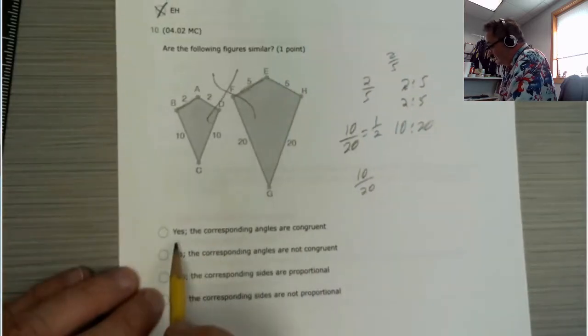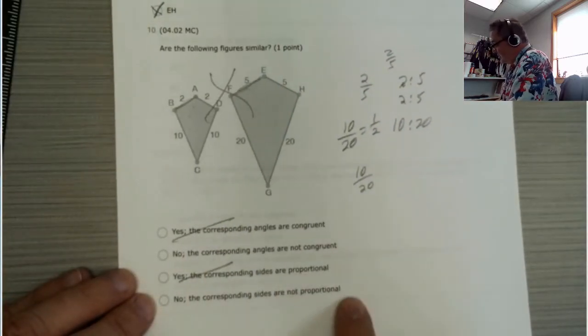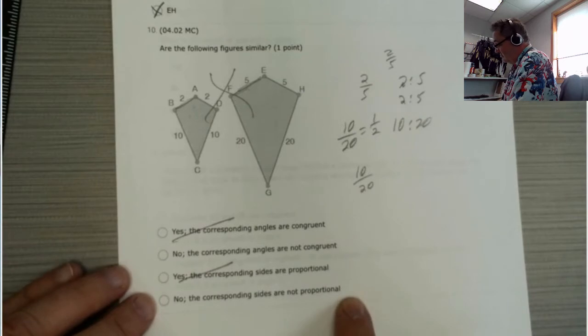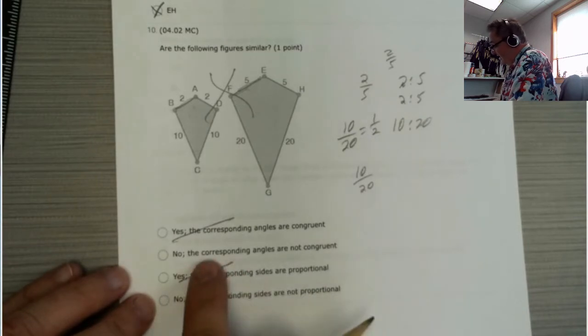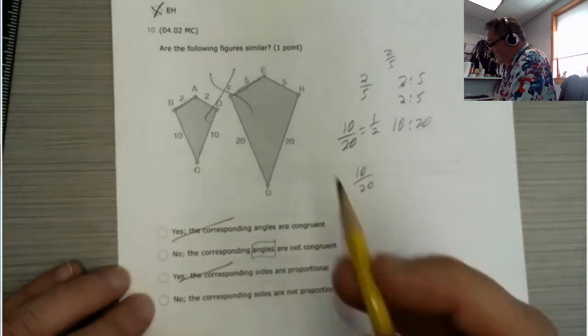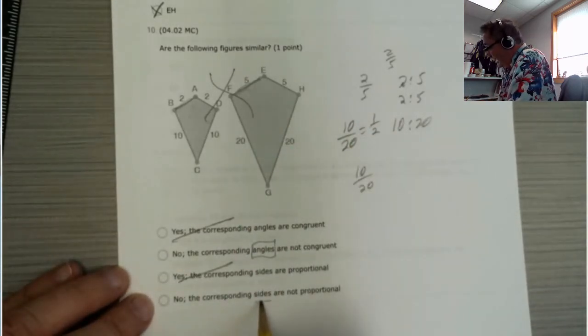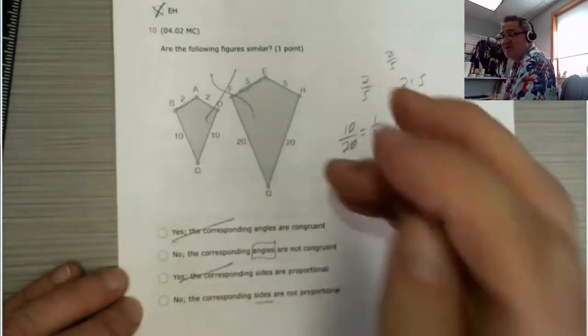similar. It says yes. Let's scratch anything. It says they're not congruent. They're not proportional. The corresponding angles are not congruent. Angles. Well, we didn't look at the angles, but we know the corresponding sides because we have side lengths. We don't have any angle measurements.